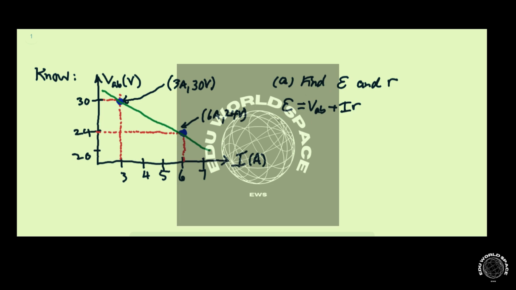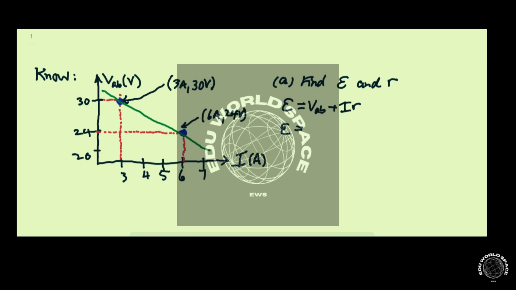But the good thing about this plot is that any point along here will supply us with a value of I and a value of VAB. So we can have several equations. But since we have two unknowns here, let's go ahead and write down two equations.